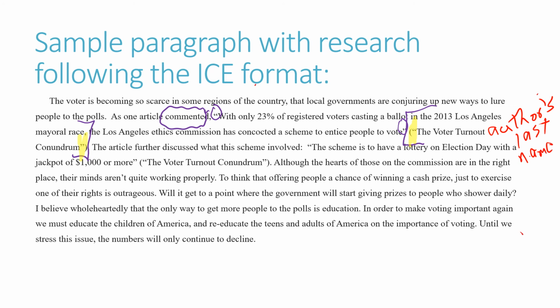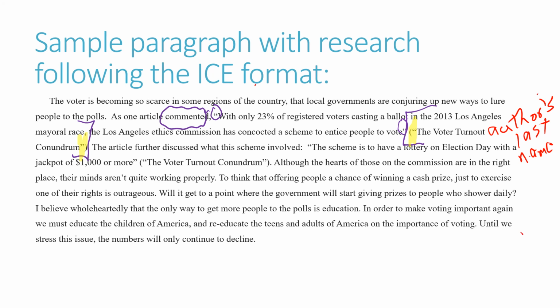As one article commented, instead you would probably write as one author commented, with only 23% of registered voters all the way through, and then no quotation marks, just the word Smith. Notice there are no page numbers, so that means there aren't any page numbers in this article. The student could also have written, as an article called The Voter Turnout Conundrum commented, then the quote, and then he wouldn't have needed the parentheses. So there are several different ways to write this. He chose a certain way.